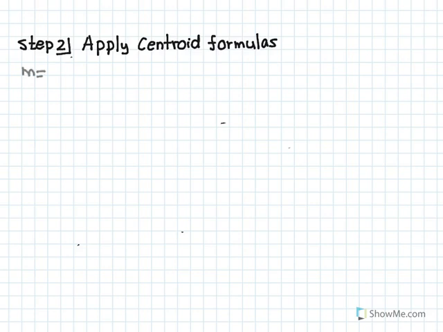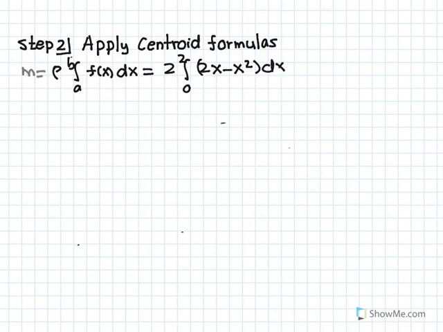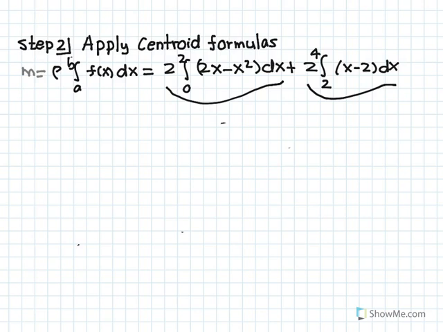So step 2 is to apply the centroid formulas. Mass is equal to rho, the density, times the integral from a to b of f of x dx. This is equal to the density, which is 2, times the integral from 0 to 2 of the parabola 2x minus x squared dx, plus 2 times the integral from 2 to 4 of x minus 2 dx. The first part is the mass of the parabolic section, and the second is the mass of the triangular section.